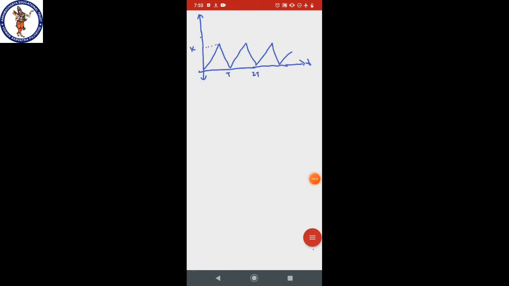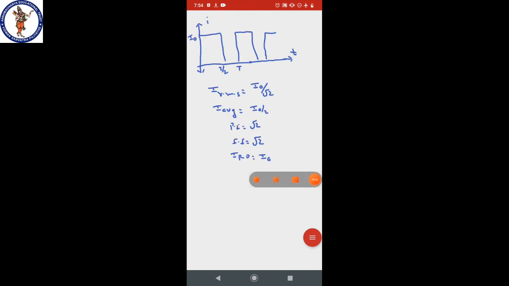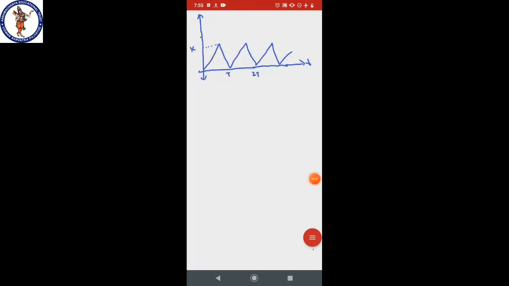This is a square waveform of a rectifier. Next, you go for the triangular waveforms.